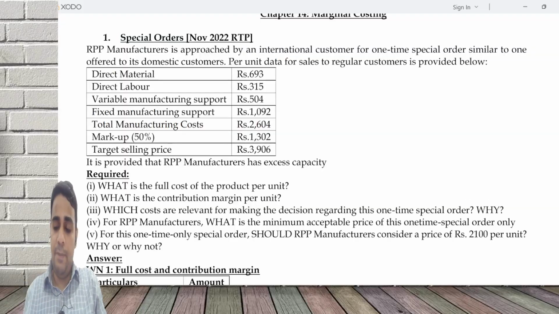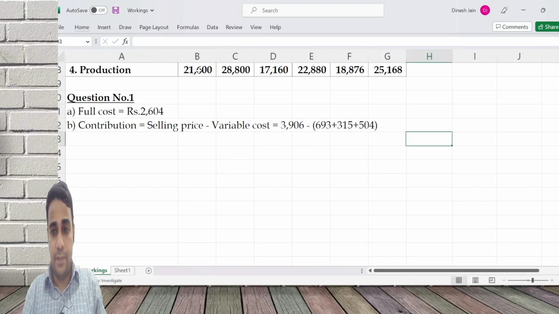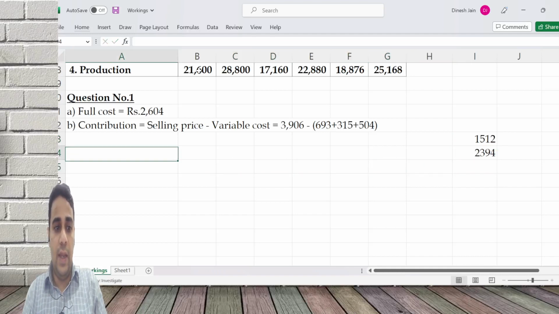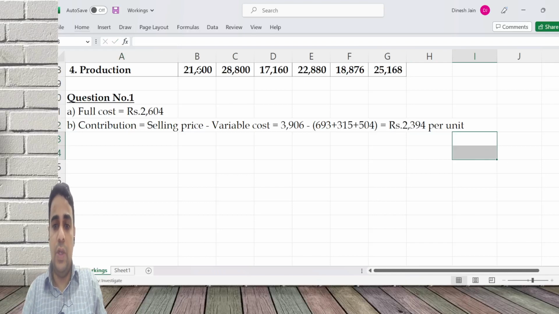Variable cost is material, labor, and manufacturing support, three items put together: 693, 315, and 504. Contribution is 2394 per unit.